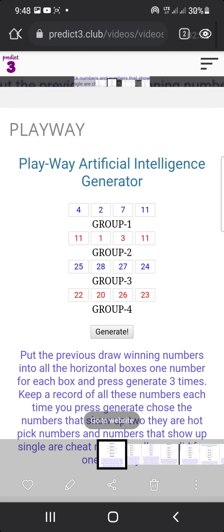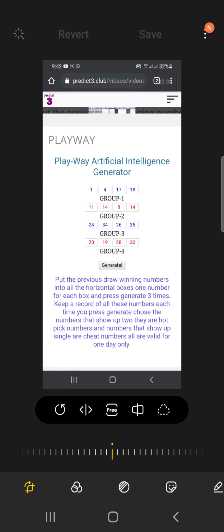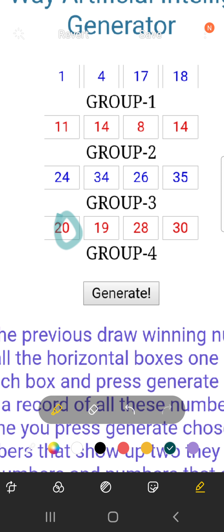But if you go through the other sets of numbers, the 3 sets of numbers I generated, you're going to notice it has a 20 here again. That means the number shows up 2 times. Please understand that.